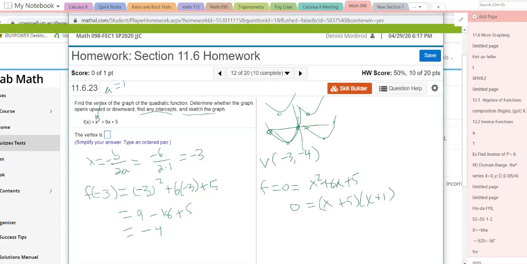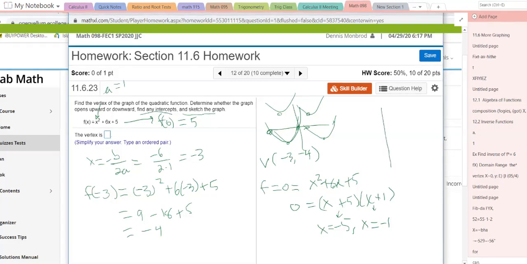Okay, so x is negative 5 and x is negative 1, since these are both zeros. Okay, so we have everything we need to know. They want to know the y-intercept. Well, you can see that right from here. f of 0 gives you the y-intercept. It's a 5. All right, so we got everything.